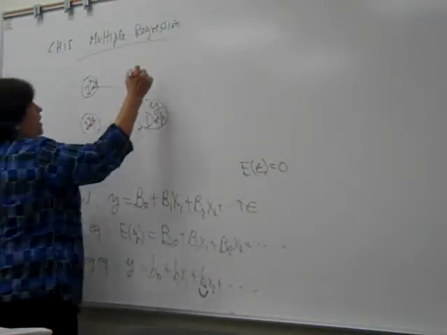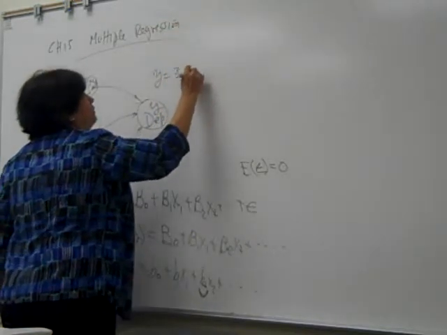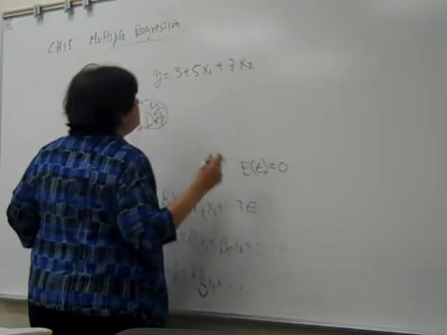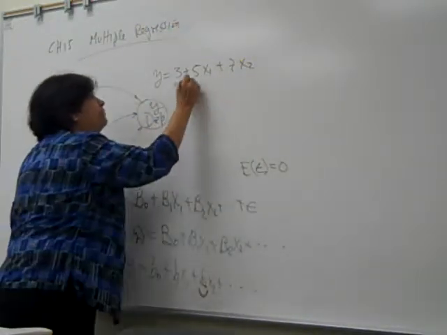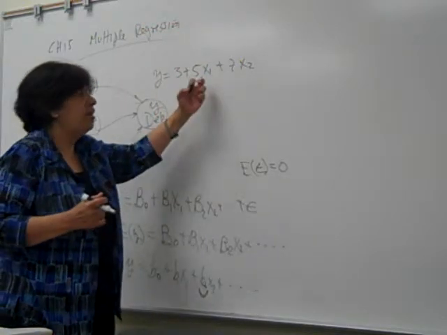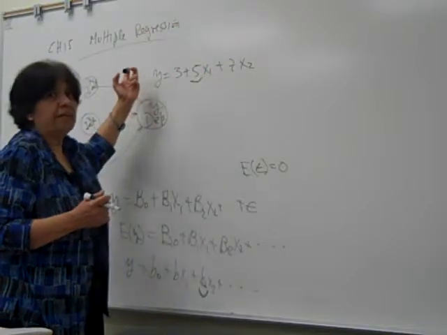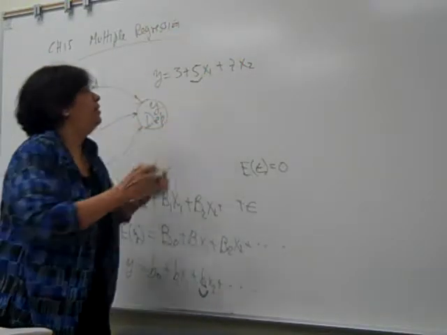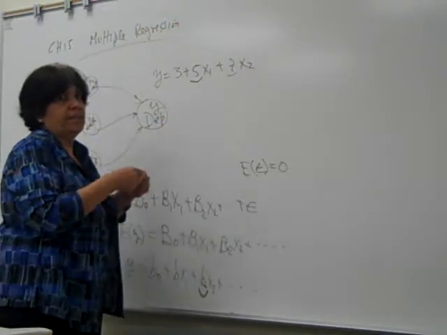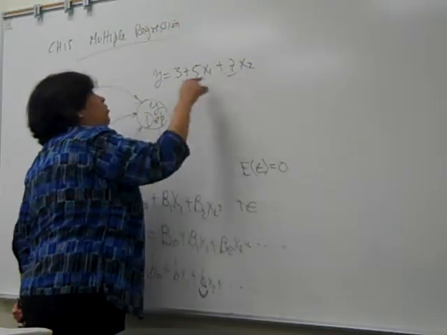So let's say that I have y is equal to 3 plus 5x1 plus 7x2. What does it mean? This 5 tells me that for every unit that I increase in x1, 5 will be increased in my y. This 7 over here indicates that for every unit that I increase my x2, y will increase 7 units.